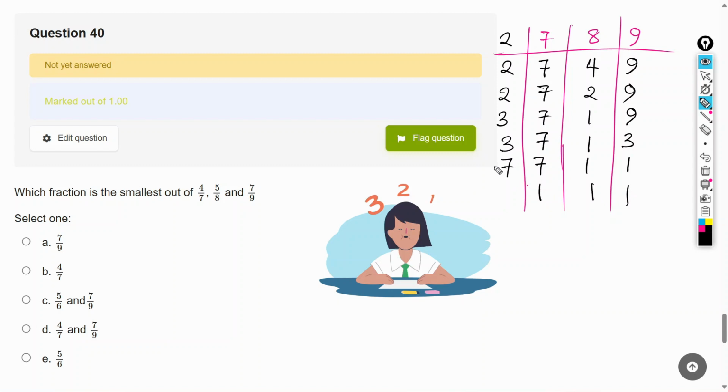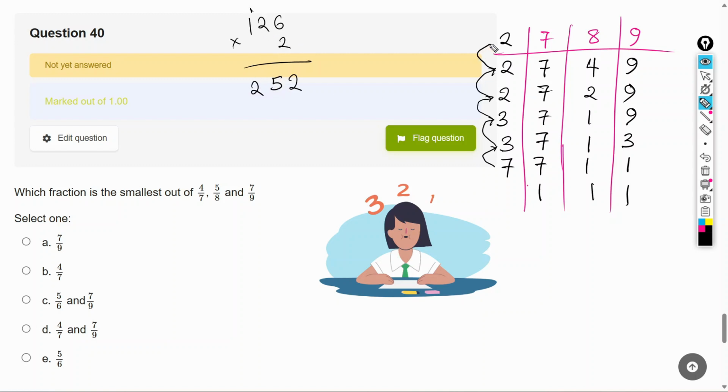So our LCM is 7 times 3, which is 21. 21 times 3, which is 63. 63 times 2 is 126. 126 times 2, 2 times 6 is 12. 2 carry 1, 2, 4 plus 1, 5. 252.